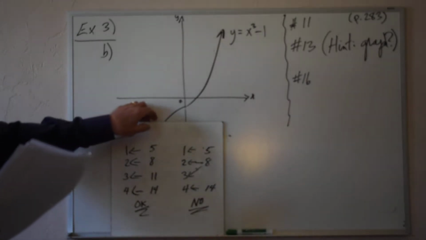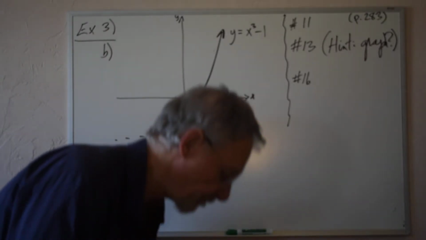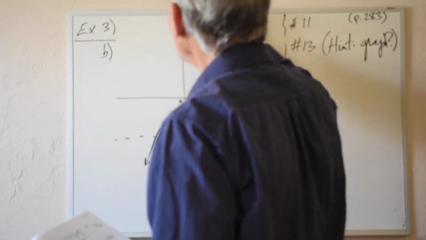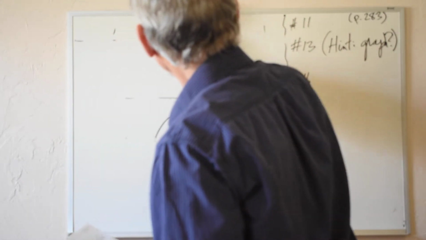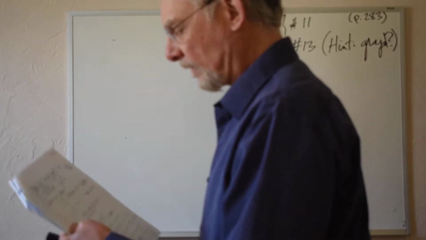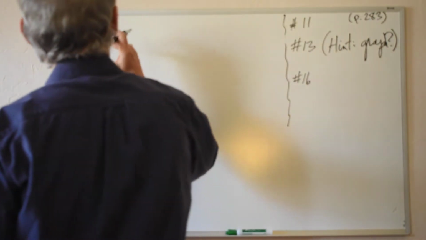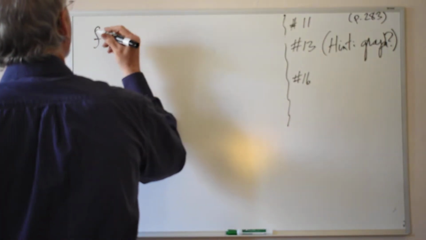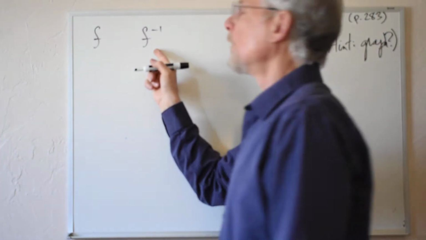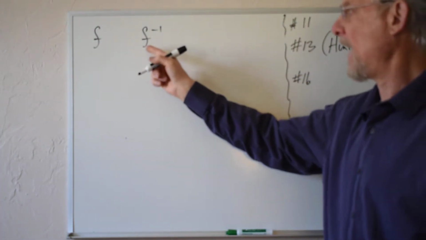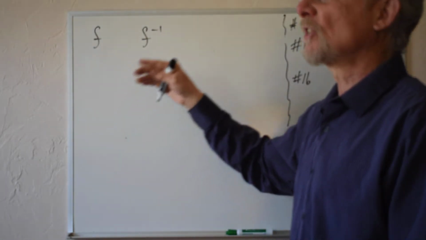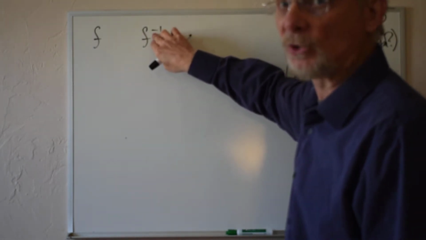And that tips us off to something in general. If a function has an inverse, well, if f is a function, its inverse is often denoted like that, f to the minus 1. Now, of course, it's not really an exponent that's acting on it. It's just notation that looks like exponential notation.